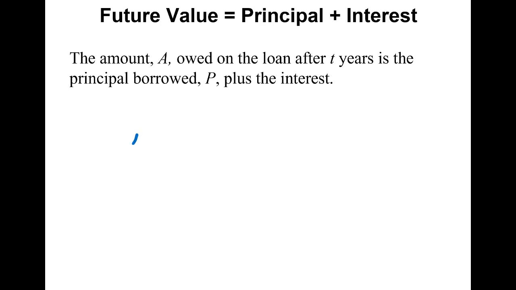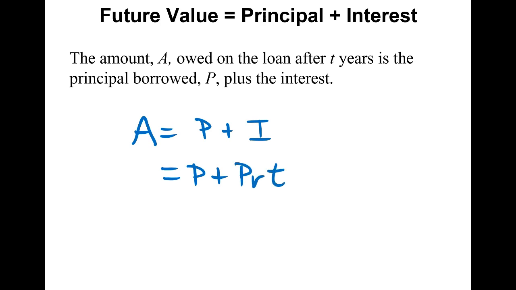Okay, so if our future value is principal plus interest, notice that we can rewrite that in terms of the formula we already have for interest. Interest is principal times rate times time, and so we'll see this formula with the P factored out of both terms. So this is P times (1 plus r times t).